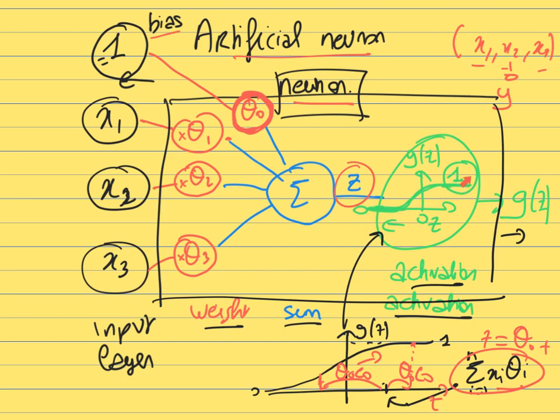If z is high enough, in this case larger than 0, then the neuron will be activated. And based on this, you will get a given output. This neuron is going to give an output signal, and this output signal is going to be transmitted as an input for the neurons in the next layer. Each neuron will take some inputs from the previous layer and will generate some outputs that will be used as input for the neurons of the next layer.